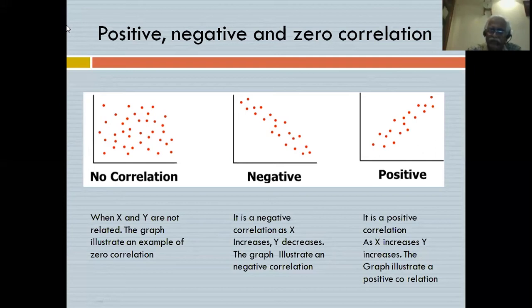This is a positive correlation. So zero correlation, negative correlation, and positive correlation. This pattern we are always finding. Maybe it is not linear like this. Maybe it is non-linear also. But we can find the pattern when we go into the subsequent discussion of this lecture. Next.